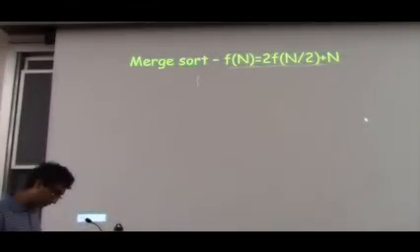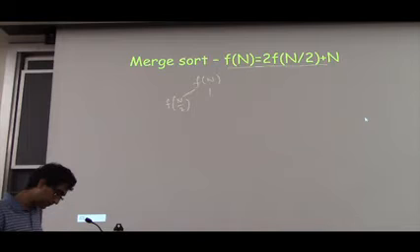Okay, so this is what we have, and let's do the same thing, right? So you have 2 times f of n over 2. So you have f of n, and you have f of n by 2, and then you have this n.